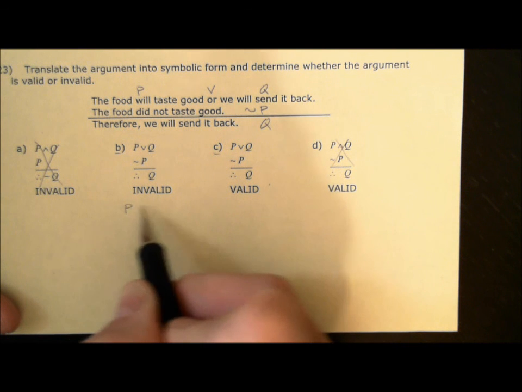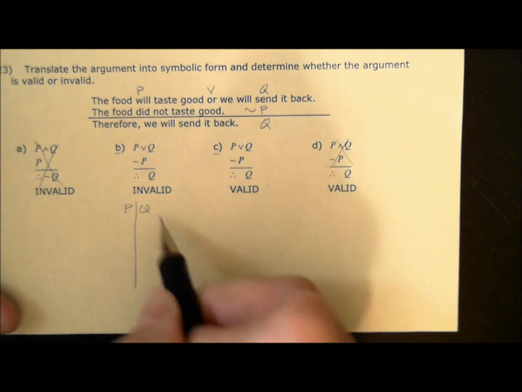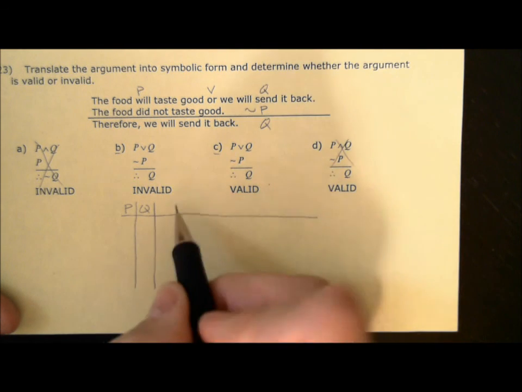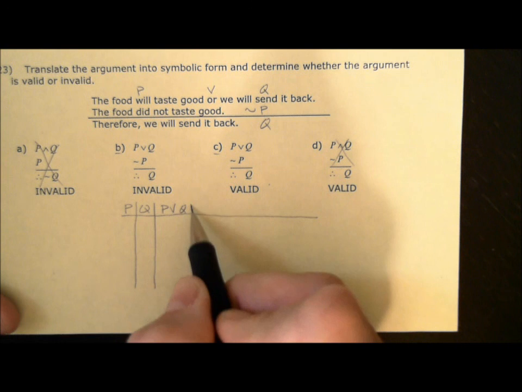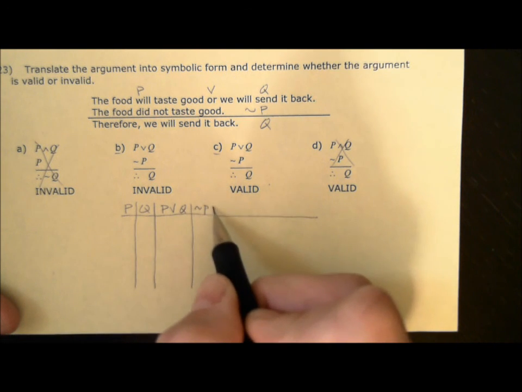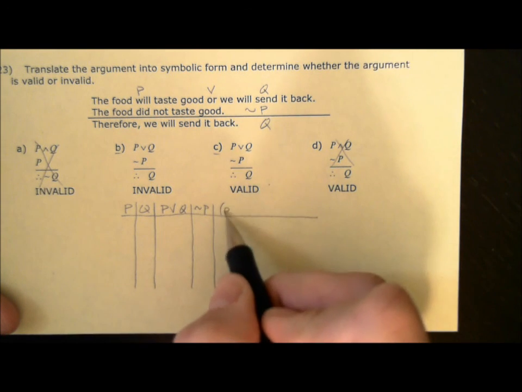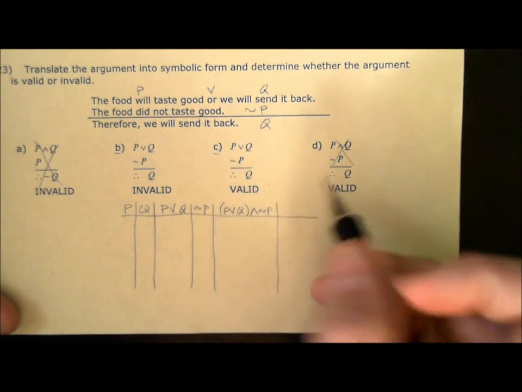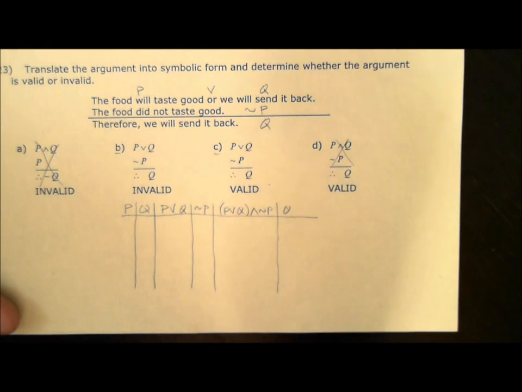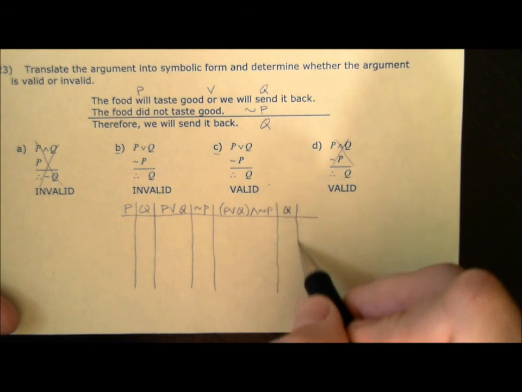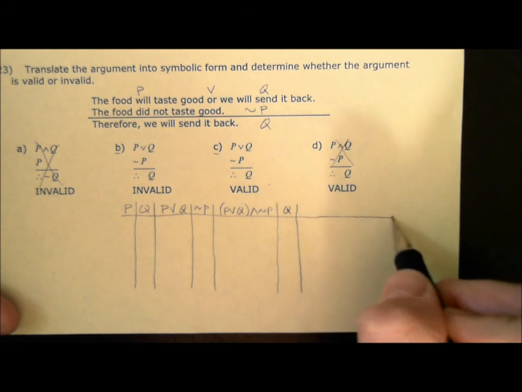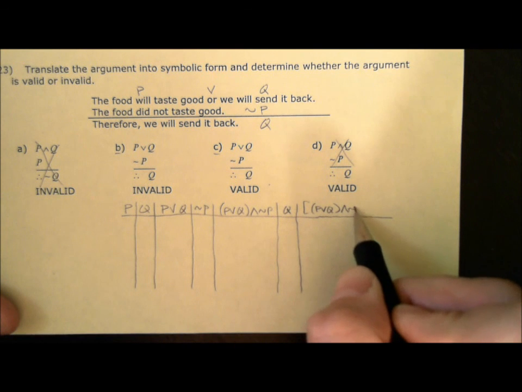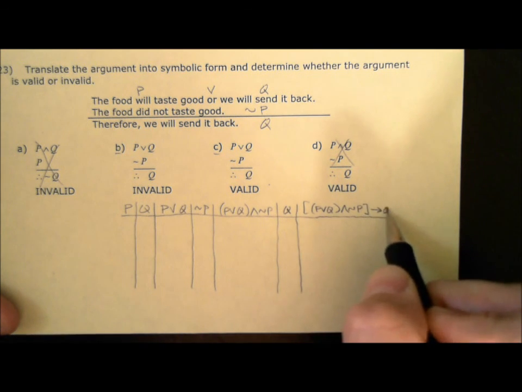The truth table would give us a nice long list of columns, helper columns, etc. We'd have P or Q, we'd have not P, we'd have P or Q and not P. I'll copy Q here, just so we can make our life a little easier. And then finally, our argument itself will be this column, which is P or Q and not P implies Q.